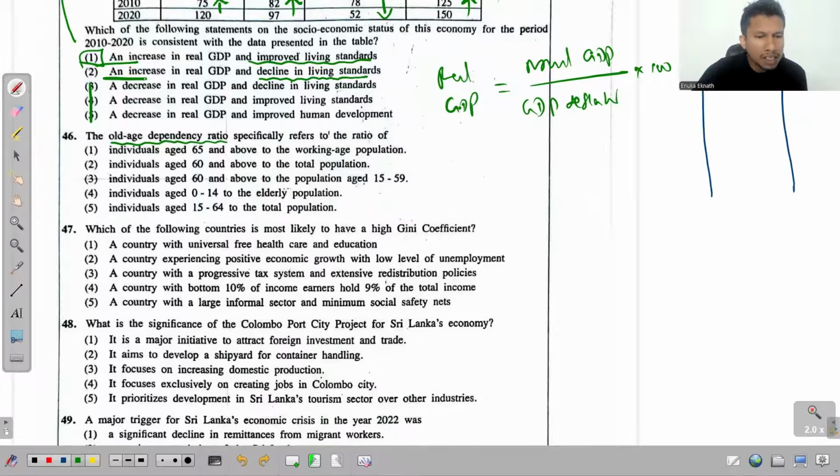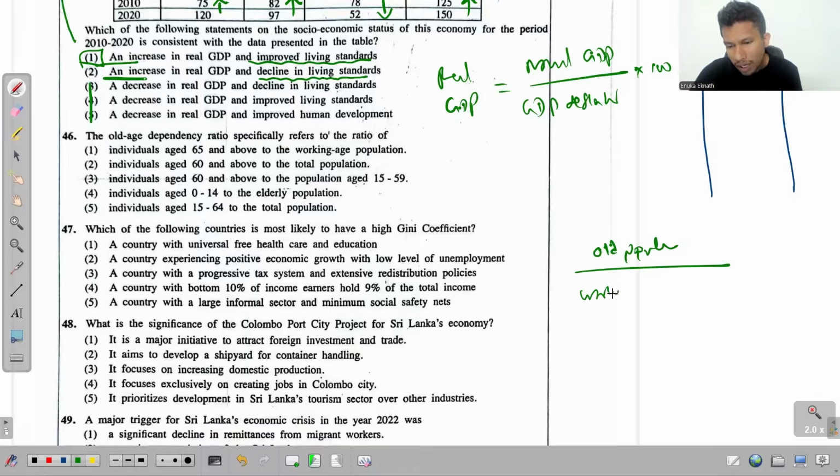Old age dependency ratio specifically refers to the ratio of... okay, so how do we find this old age dependency ratio? Simply, that is the old population over the working age population. So how do we recognize the elderly population?